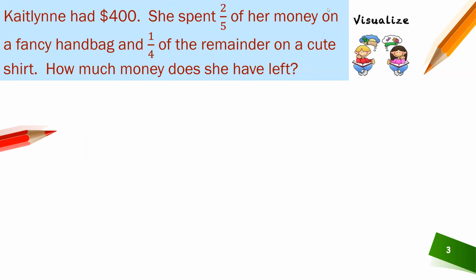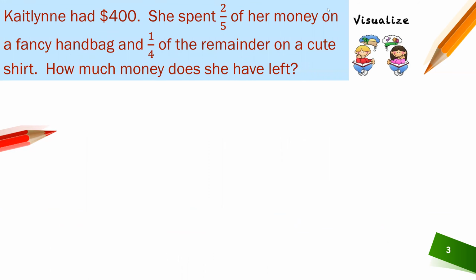Caitlin's money. How much money does she have? $400. What does she do with her money? 2/5 of it. So divide that $400 into 5 equal parts. 2/5 of that on a handbag. The remainder, she's going to spend 1/4 of that.